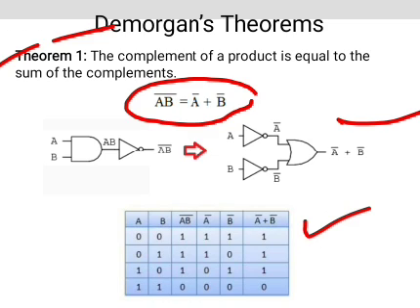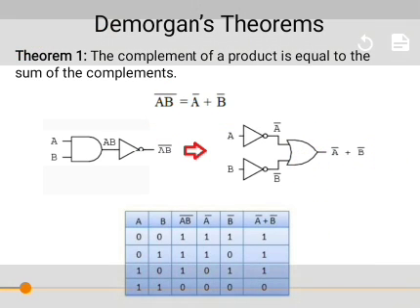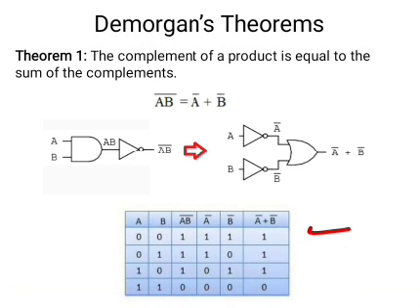So, (A·B)' is equal to A' plus B'. In this table, the third column and the sixth column are equal. So, (A·B)' is equal to A' plus B'.